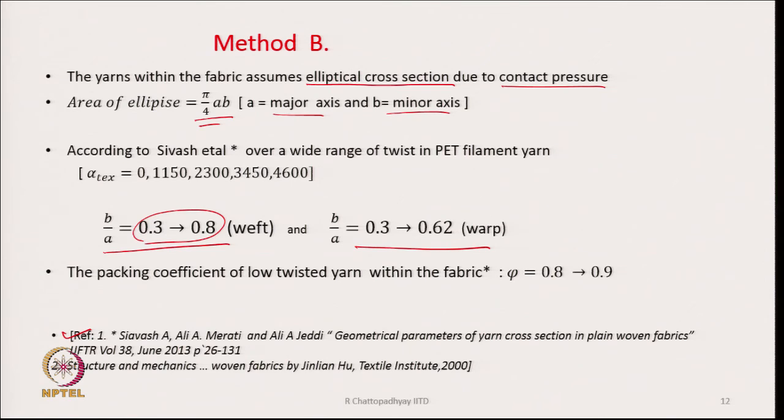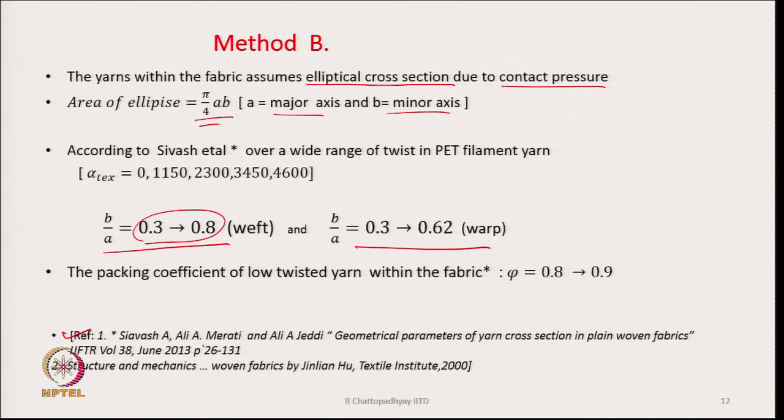So, because it is the interaction between warp and weft, every interlacement point is a source of pressure, and under that pressure the yarns are going to flatten and take an elliptical shape. If there is no elliptical shape, the B by A value is going to be 1.